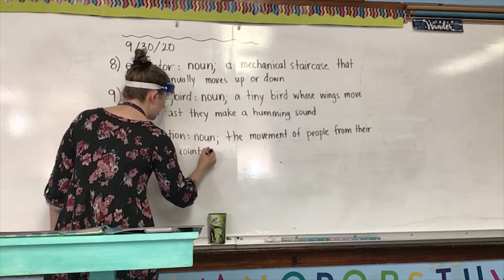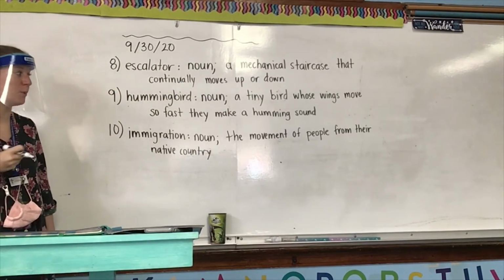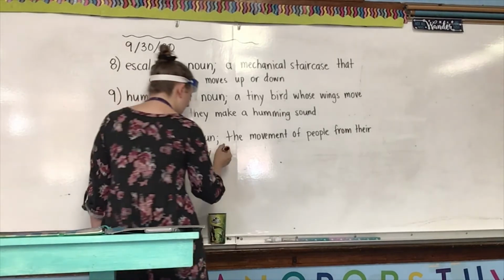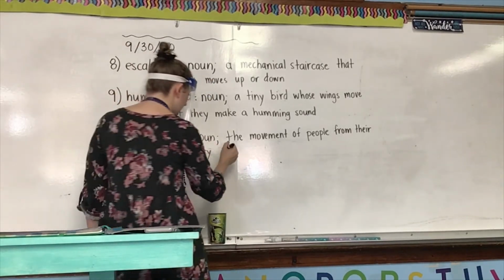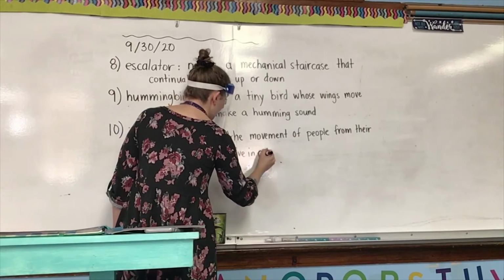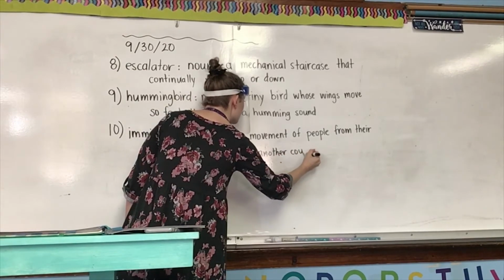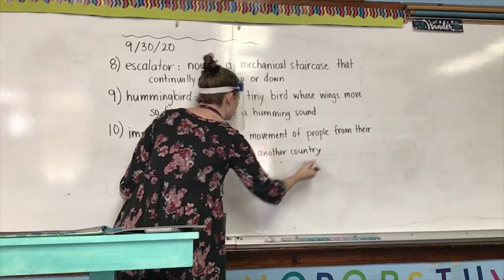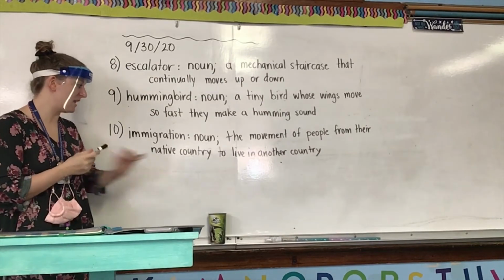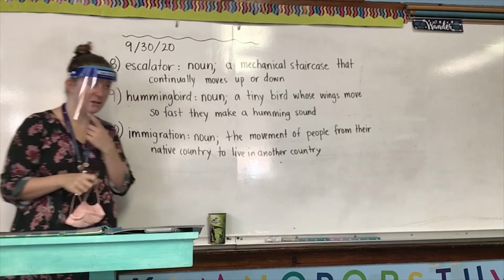That means the country where they were born. Native country is the country where you were born. So the movement of people from their native country to live in another country. So it's the movement of people from their native country, where they were born, to live in another country.